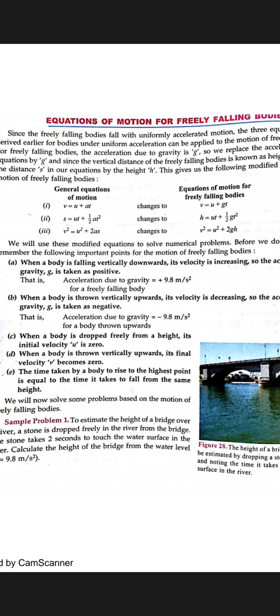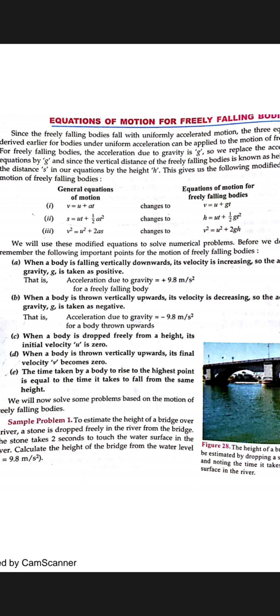And the second point: when we throw the body upwards, for example, if we throw a ball upwards, then it will move with some velocity, and after reaching a maximum height, it will come back again. So we can say that a body goes up with some velocity, but after reaching a point, its velocity decreases. After getting almost zero, it will return back to the earth.